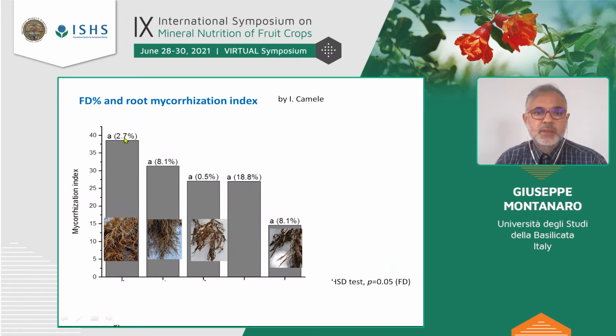And we noted that with a high incidence of the mycorrhization index, for example this first column, reaching about 40 value of the index, the fruit drop in the blocks tends to be lower compared to the other types of roots. However, the significance of the results was not in favor of the benefits of the mycorrhization.